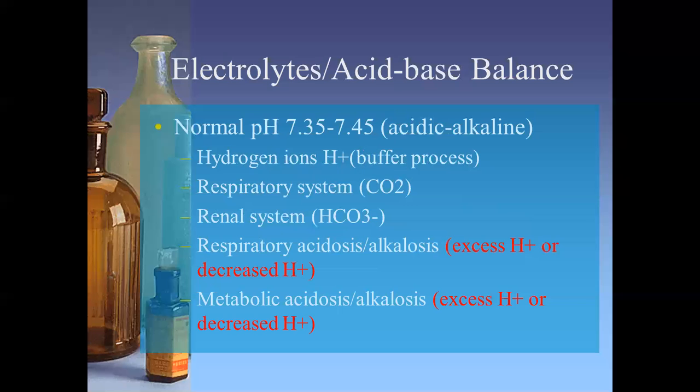There are three things in your body that help to regulate this. It's the respiratory system, it's also the kidney, and the buffer mechanism. But what happens when you're talking about the pH, guys? Any of you know what happens when we're talking about the pH? Hydrogen ion is released or absorbed to regulate the acid-base balance.